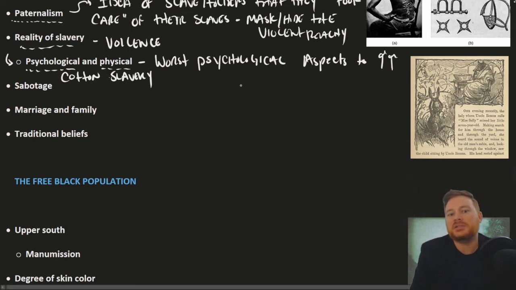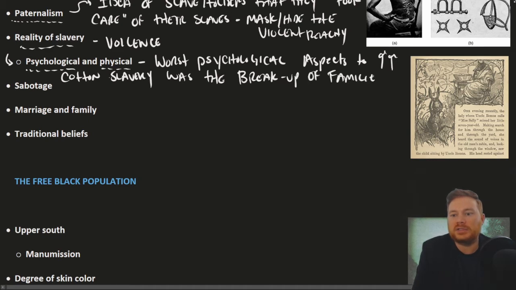In some cases, it was used by slaveholders in order to punish their own enslaved people. So we might say the worst psychological aspect to cotton slavery was the breakup of families, right? And cotton really did that.